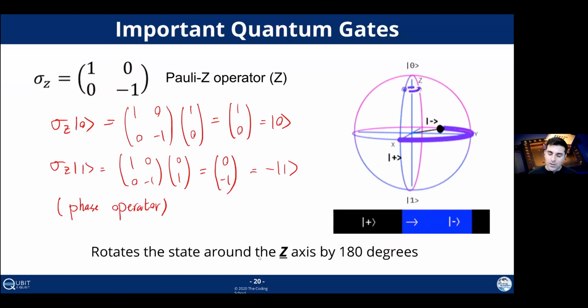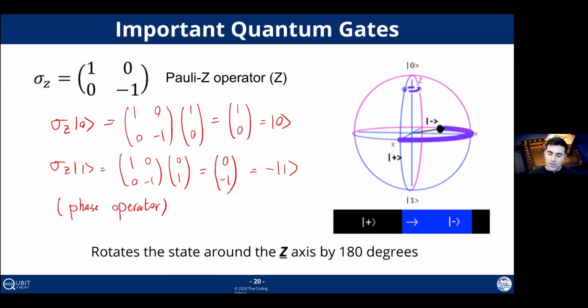Now, if I'm on the north pole of the Bloch sphere and I rotate by 180 degrees around the z-axis, where do I end up? Well, I'm not going to move. I'm always going to stay on the north pole. So that's why when I apply the sigma z operator to 0, I see nothing moving.